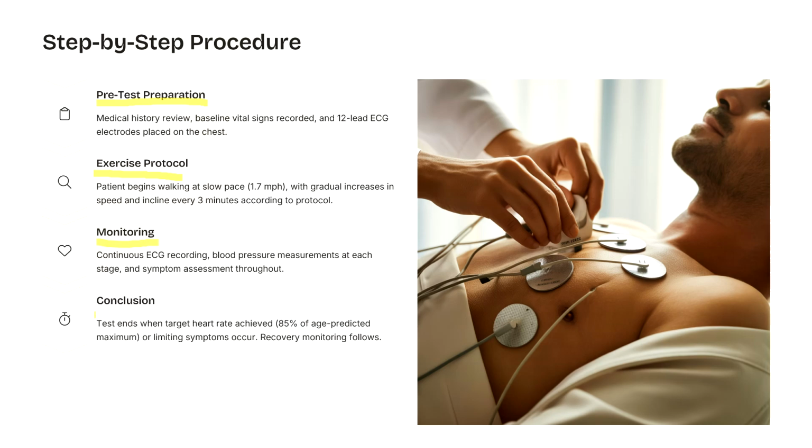And conclusion: the test ends when target heart rate is achieved, 85% of the age-predicted maximum, or limiting symptoms appear, and recovery monitoring follows. So these are the step-by-step procedure: number 1, pre-test preparation; number 2, exercise protocol; number 3, monitoring what is happening during exercise; and number 4, monitoring the recovery.